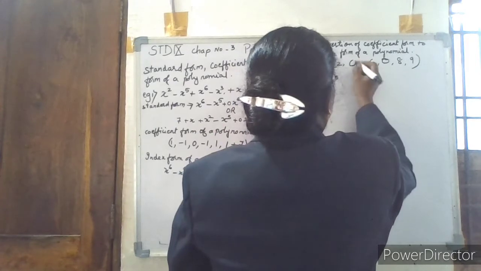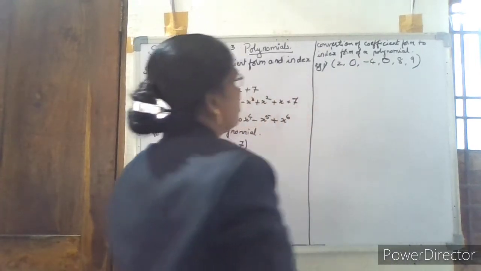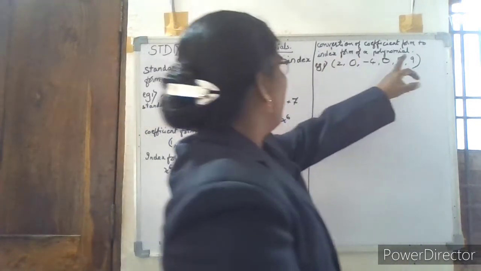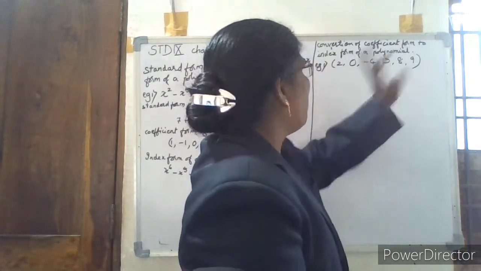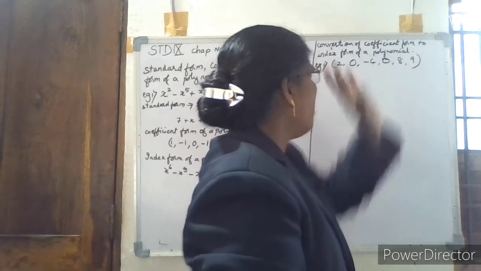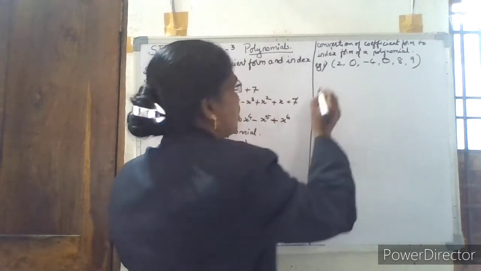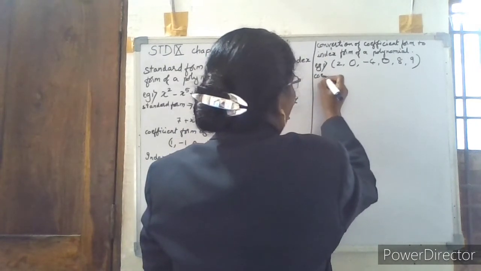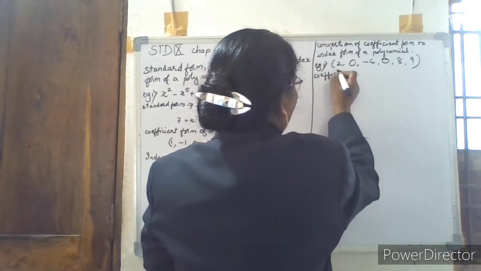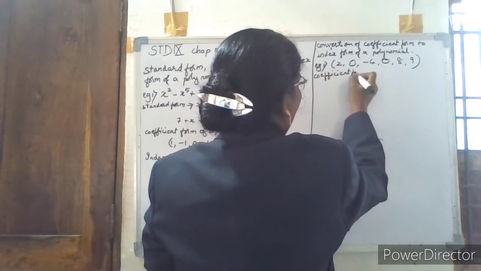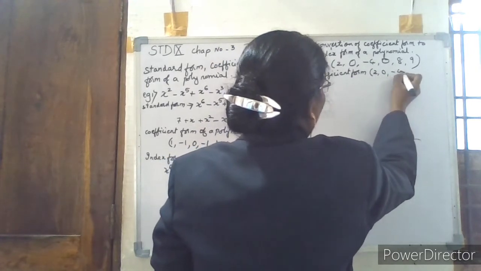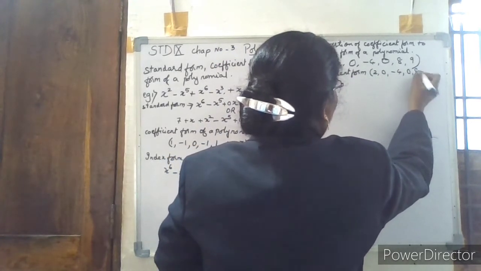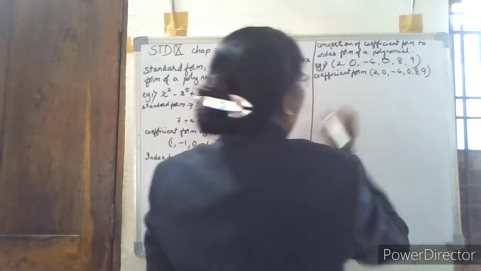Then conversion of coefficient form to index form of a polynomial. This is the coefficient form, given as 2, 0, minus 4, 0, 8, 9. I have to convert this into index form.